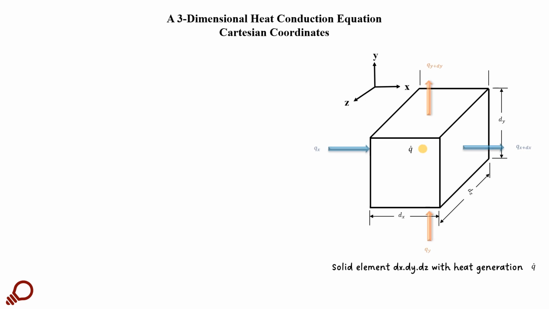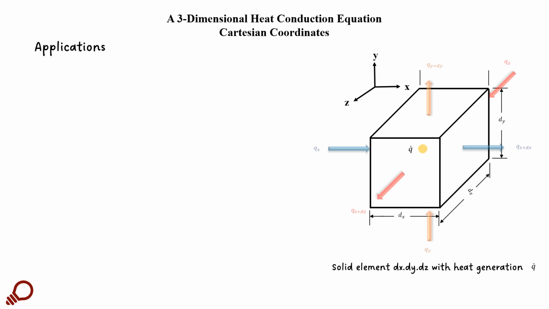We also have, for the top and bottom faces of this element, q sub y, which leaves the element at the top as q sub y plus dy. And finally, for the third dimension, we have q sub z at the back side of this element, which will leave the element at the front as q sub z plus dz.